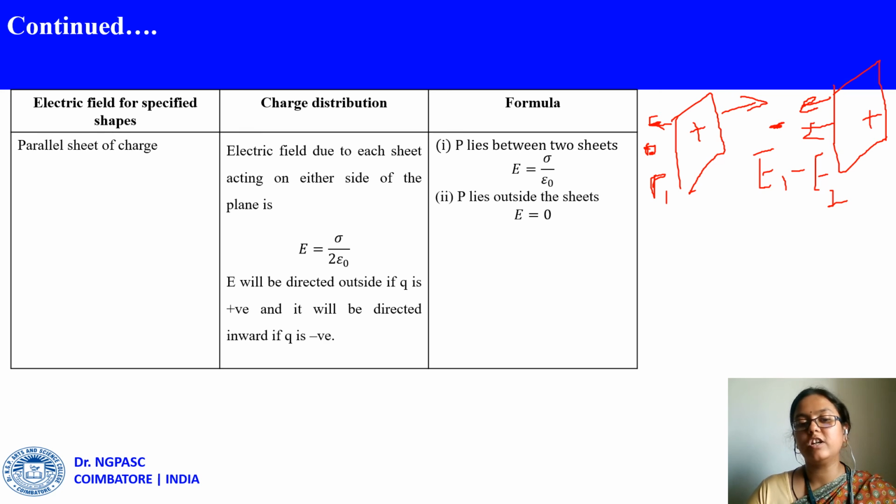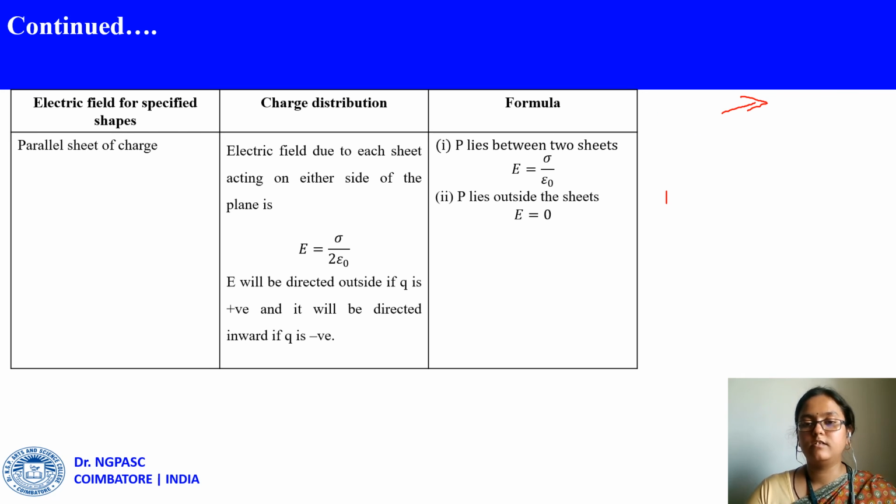But if the charges are opposite, if this is a plane of positive and this is a plane of negative charges, then this electric field will be in this direction and it will also be in this direction.